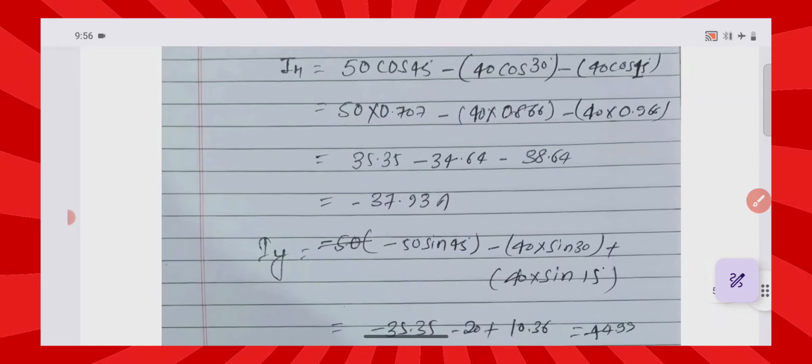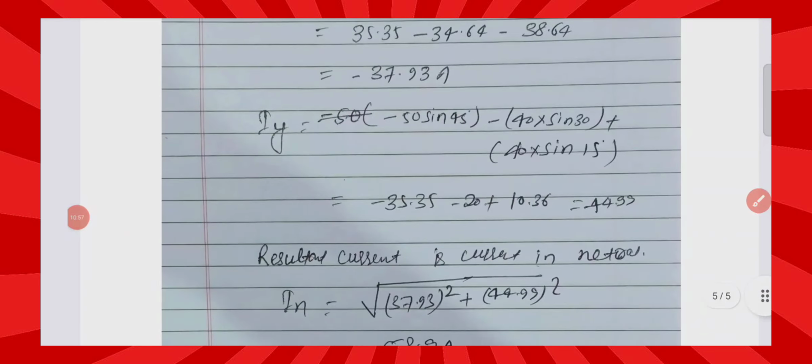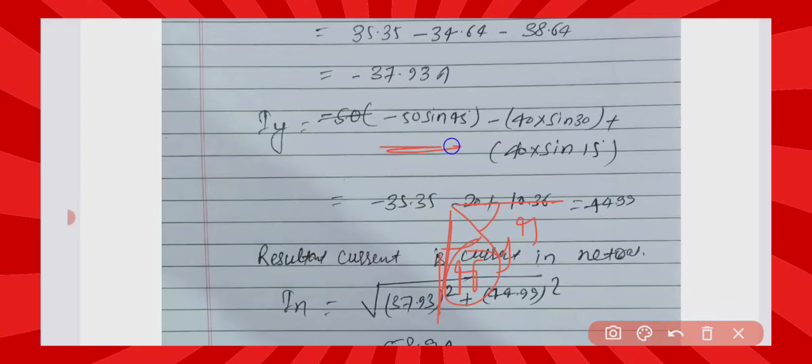Now the same for the y component. We can see here, when this is yellow, this angle will be 45, this angle will become 45 degrees. So minus 50 sin 45, because here it is the minus y direction. Similarly for yellow, and similarly for blue we can calculate.